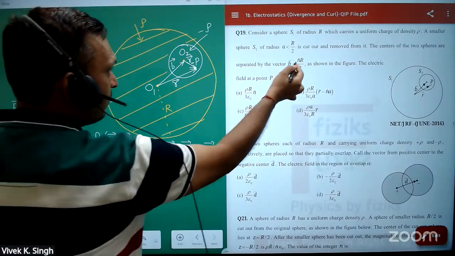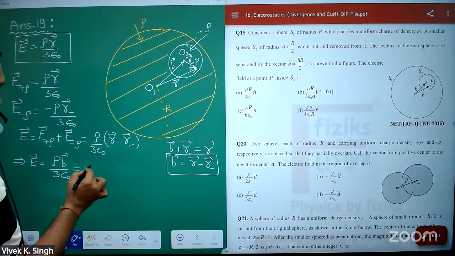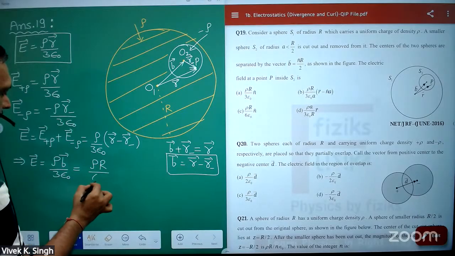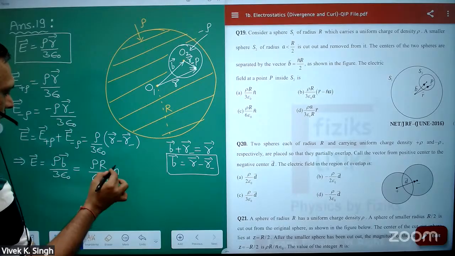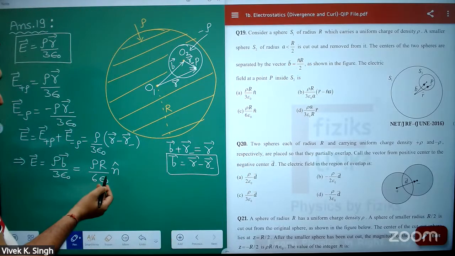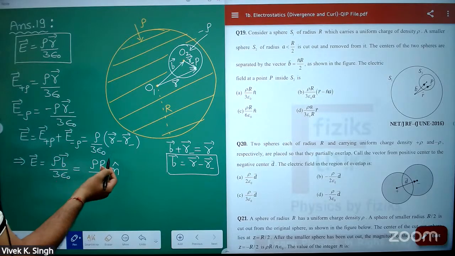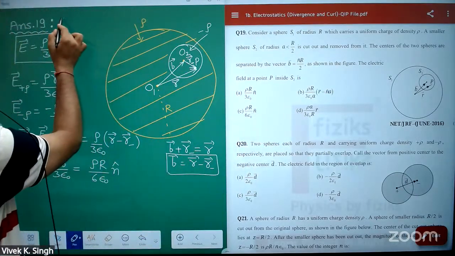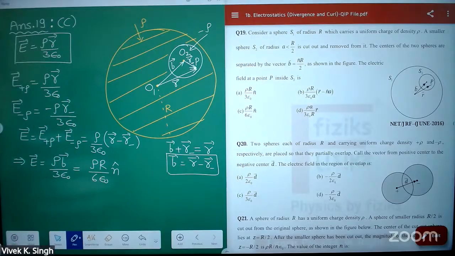And B vector is given as r by 2. So this is rho r by 6 epsilon naught n cap, if you put B is equal to n cap r by 2. So this is rho r by 6 epsilon naught. So option C is correct.